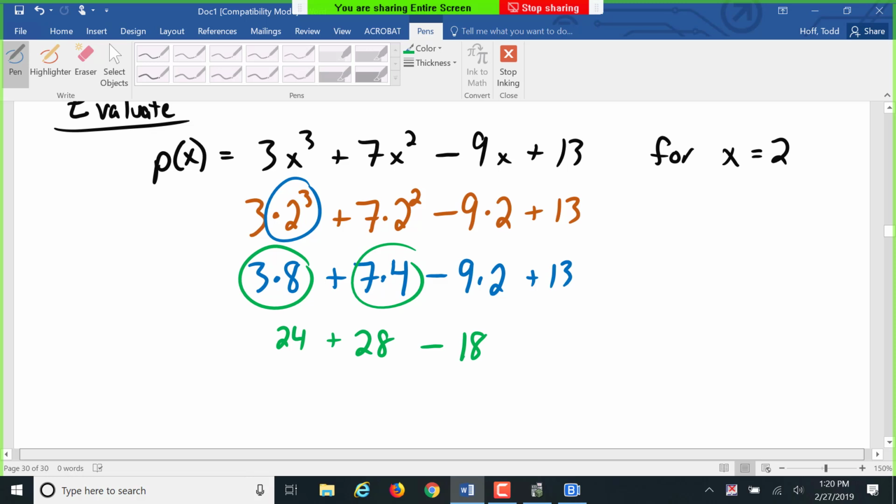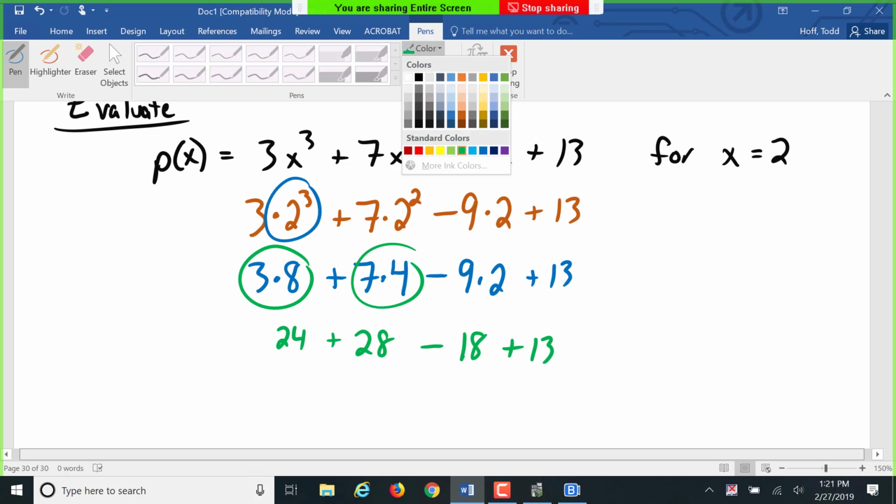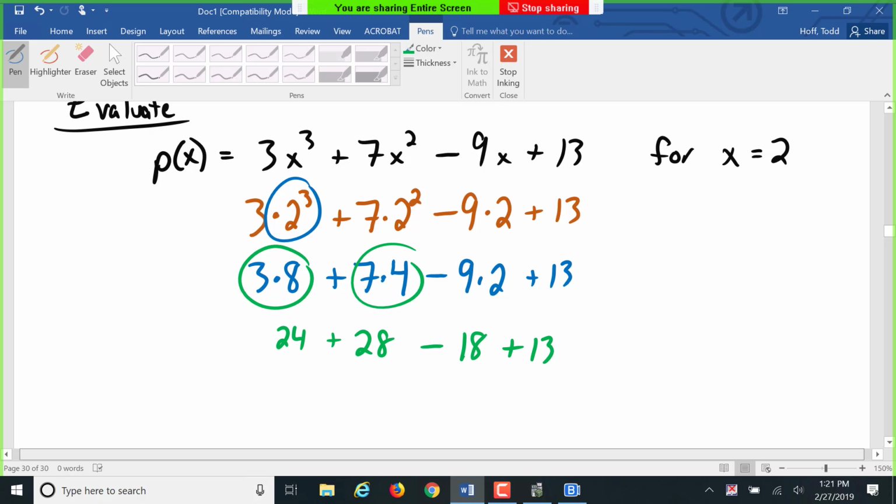Or I can treat it as a negative 9 times 2. That would be plus a negative 9 times 2. So it becomes plus a negative 18. They're the same thing. Of course, we still have plus 13 there. So now we can add and subtract left to right. 24 plus 28. 52. 52 minus 18.